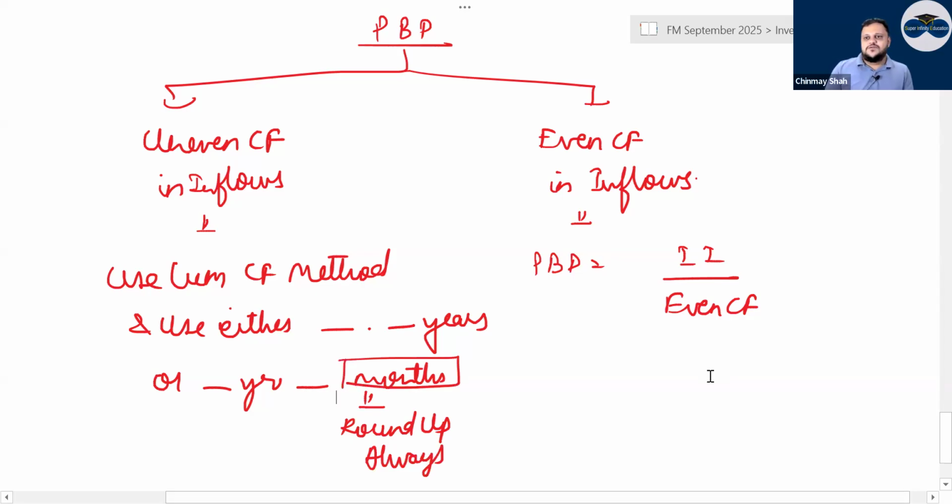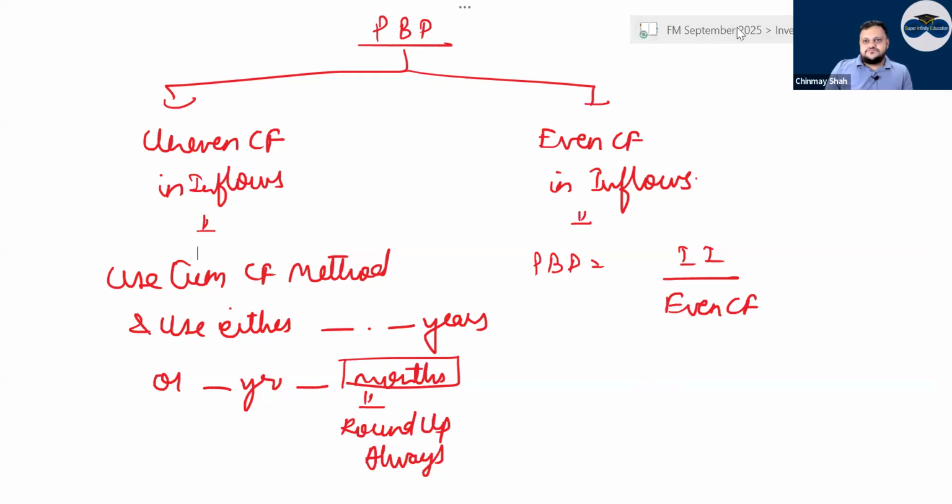Months are to be rounded up always. That is the method we have done before. Correct? This is CUM. Use cumulative cash flow method. Cumulative cash flow method. Payback period.